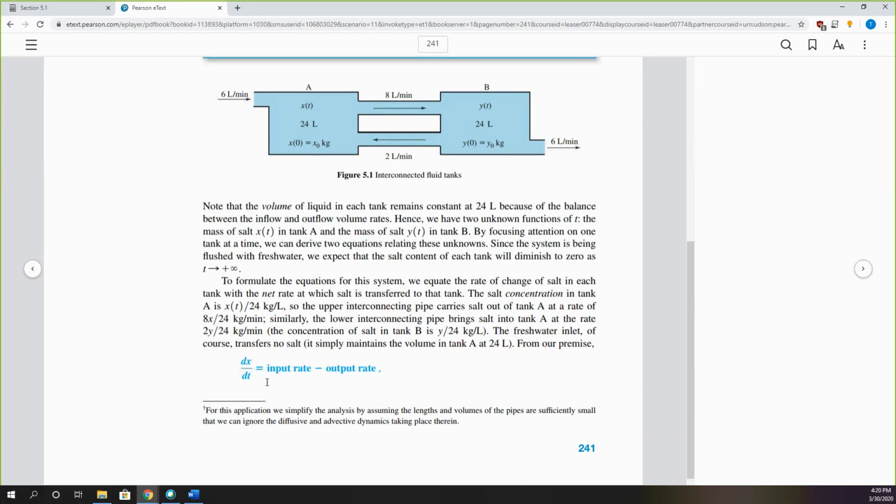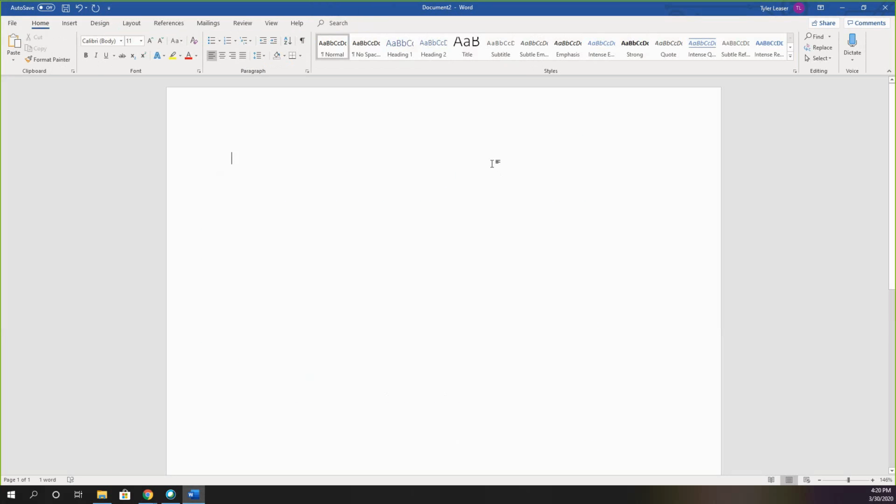So dx/dt is going to be the amount of salt coming in minus the salt going out. dy/dt would be, for tank B, the salt going in minus the salt going out. So I'm not going to bother writing that. Let's split this up into our 2 separate tanks. So we're going to have tank A, and tank A is going to have the change dx/dt.